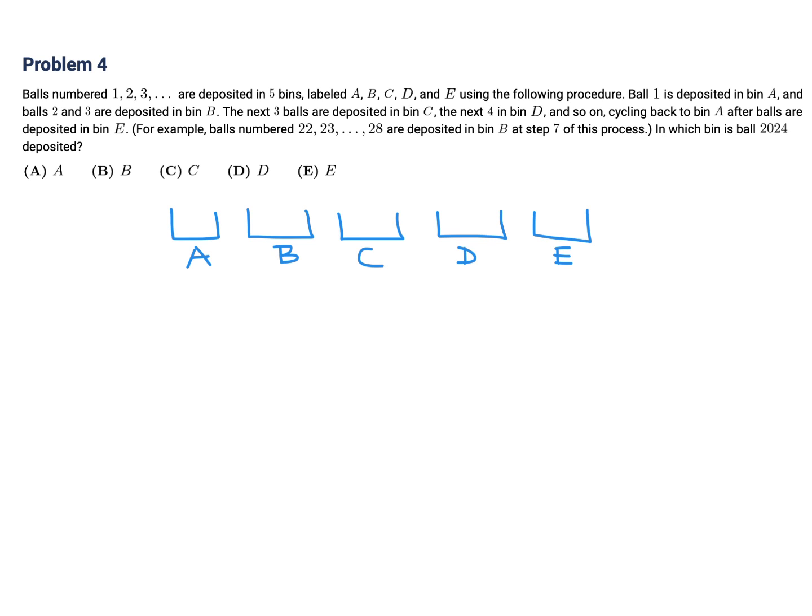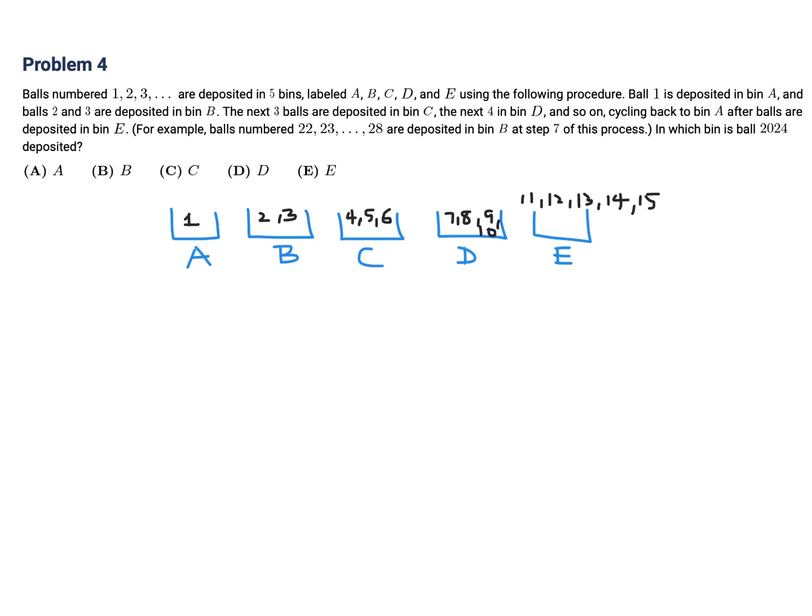So first, we are going to put ball number 1 there, 2 and 3 here, 4, 5, and 6 here, 7, 8, 9, and 10 in this bin, and then 11, 12, 13, 14, 15 in that bin, like that, and then so on.